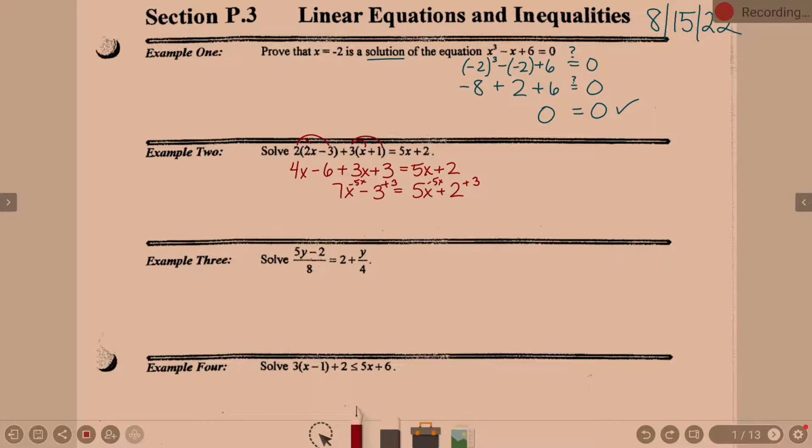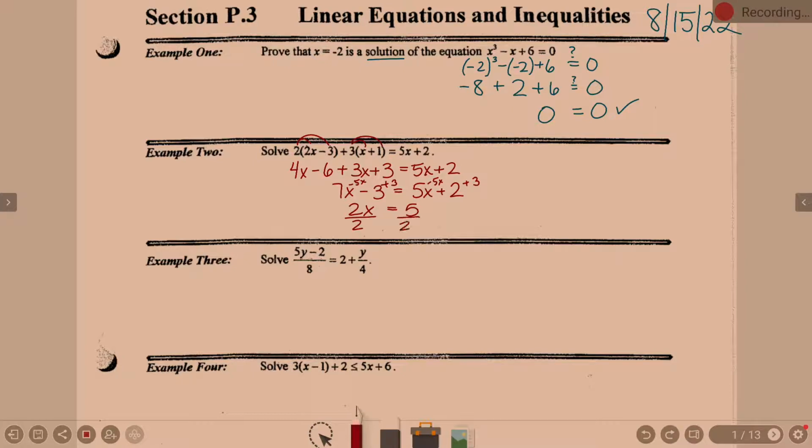So 7x minus 5x is 2x, minus 3 plus 3 cancels. 5x minus 5x cancels. 2 plus 3 is 5. If it's 2x equals 5, how do we solve? Divide by 2.